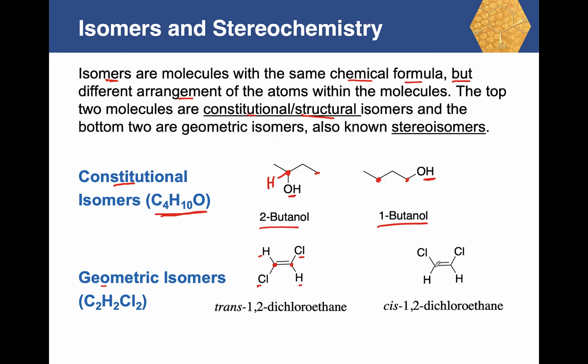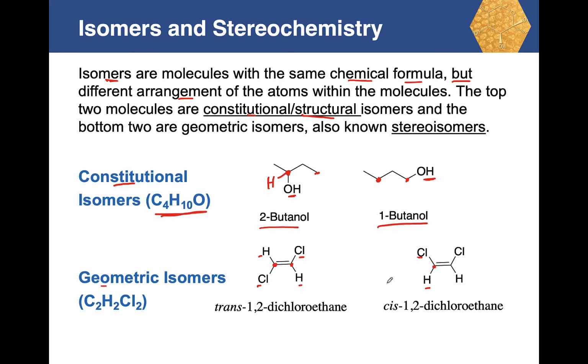Over here, this carbon is the same as this carbon, and it's bonded to a chlorine and a hydrogen. So in other words, now the bonding arrangements are the same. Notice the key here is bonding arrangements are the same.